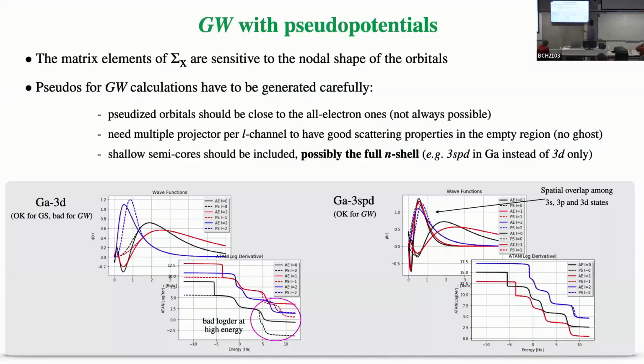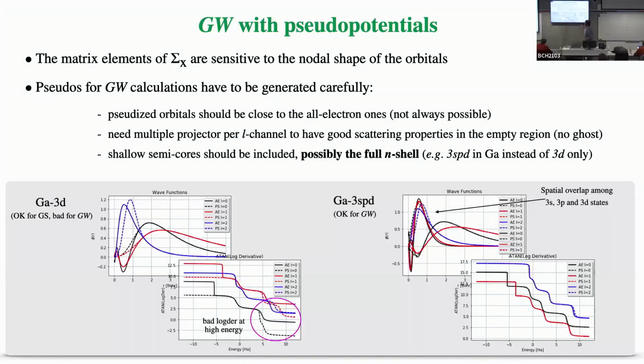Now, this is an example for gallium, in which you can have different electronic configurations, what we call the core valence partitioning. You can have a version that contains the 3d electrons, then 4s and 4p. This is shown here.